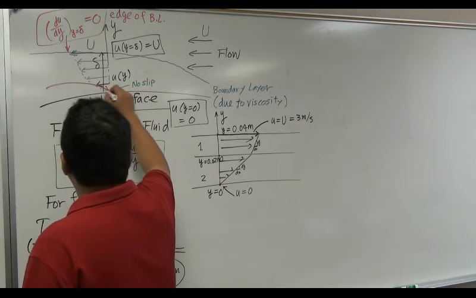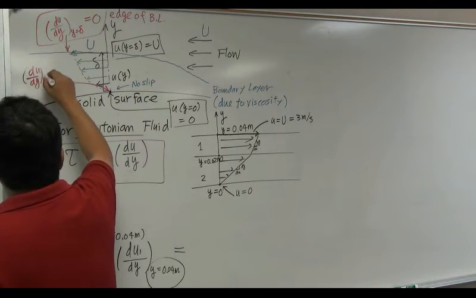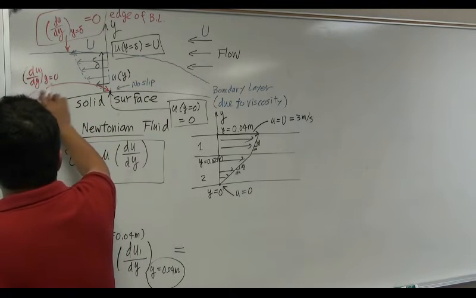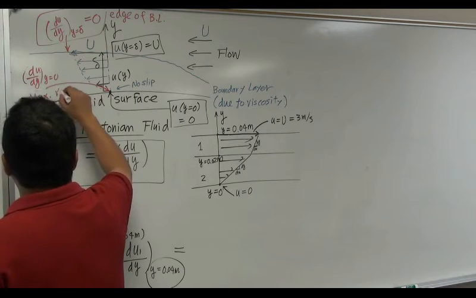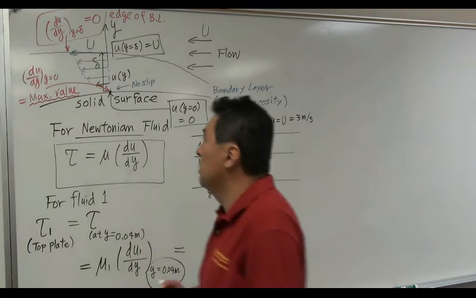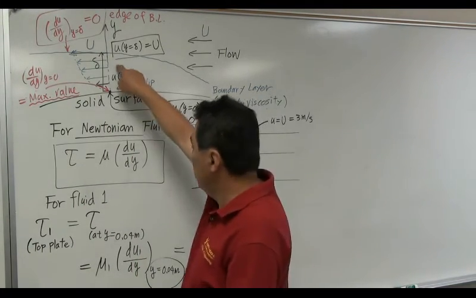Right here, du dy at y equal to 0 is essentially the max value, whatever it is. Okay? So let's be careful about the real case versus this case.